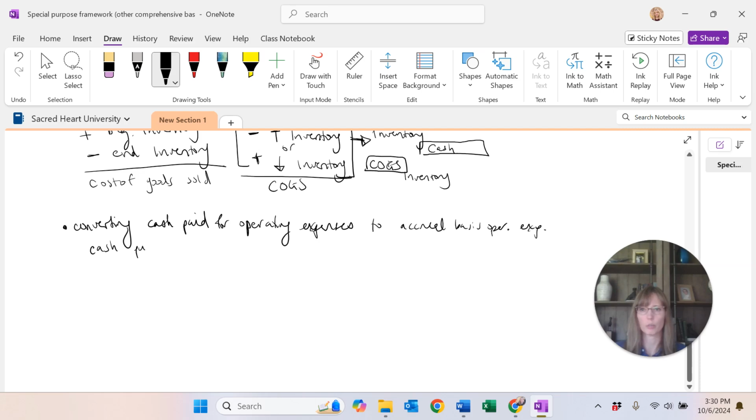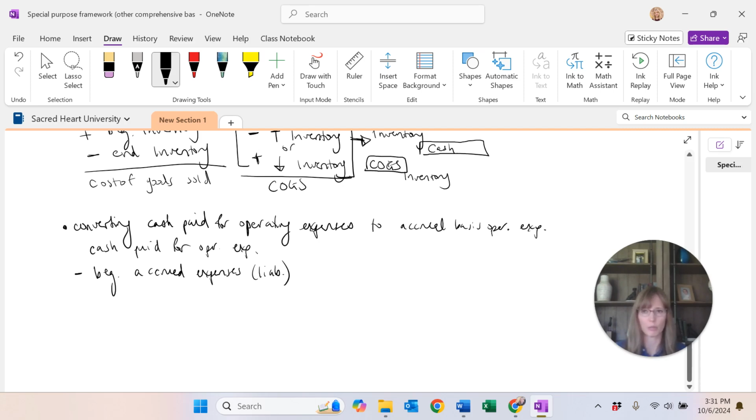Okay, so we have our cash paid. Start there, and then we are going to subtract out beginning accrued liabilities or accrued expenses. Accrued liabilities, accrued expenses mean the exact same thing. And again, what is accrued liabilities or accrued expenses? These are just miscellaneous amounts owed, generally no interest.